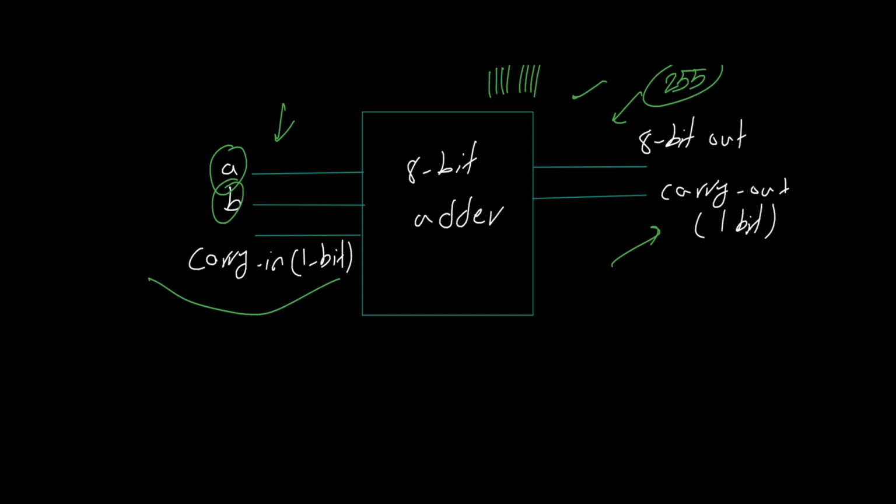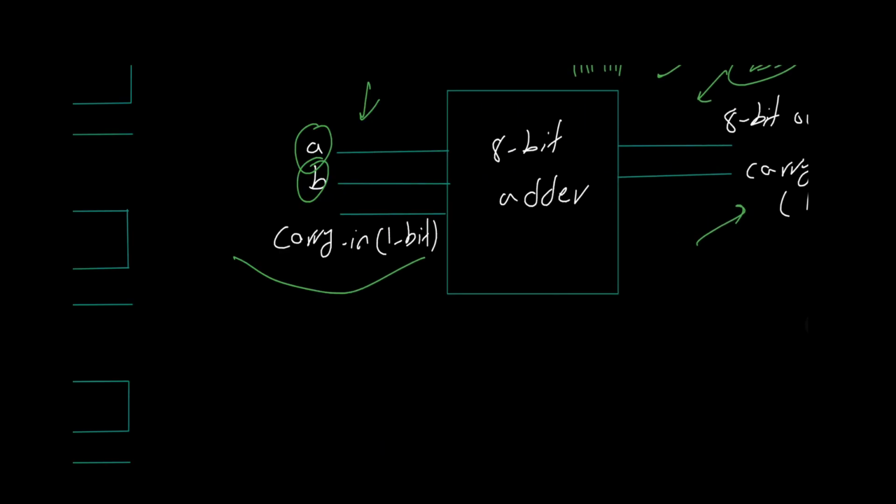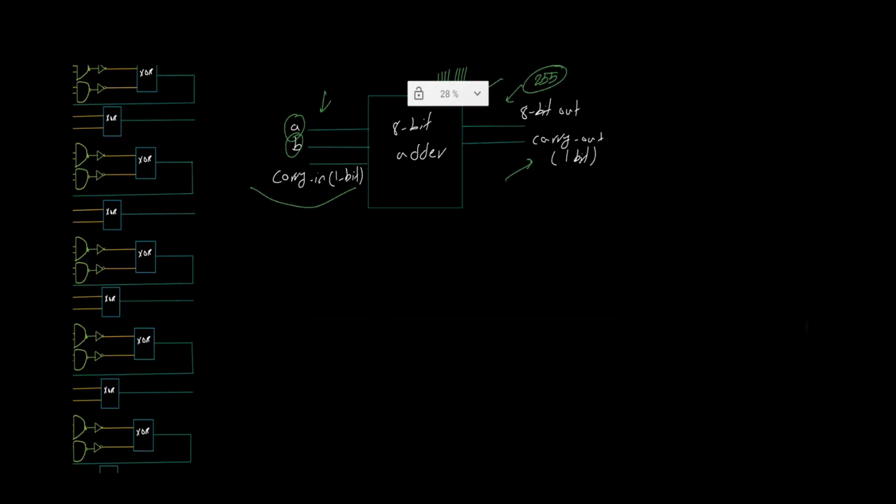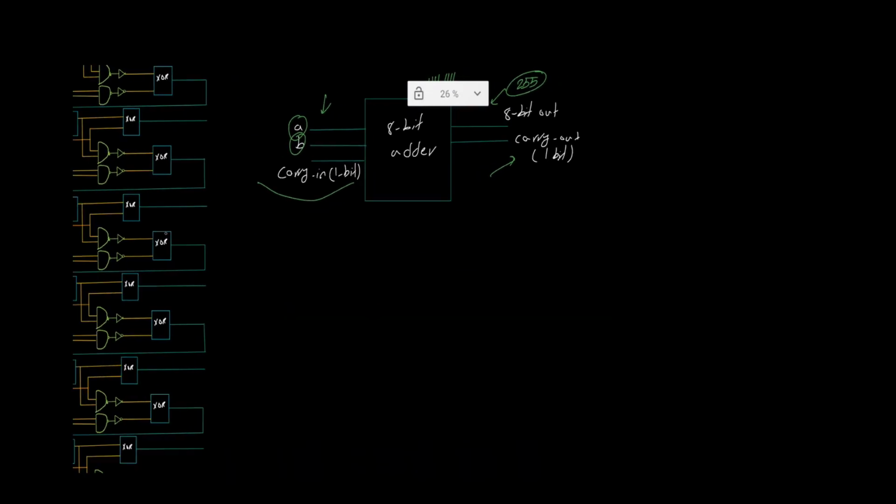Now, one question that you might ask is, or actually let me first talk about all the instructions that use this underlying hardware for doing the addition in the 8085 microprocessor.